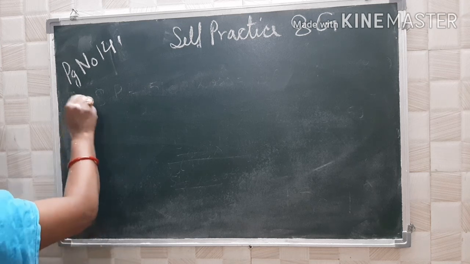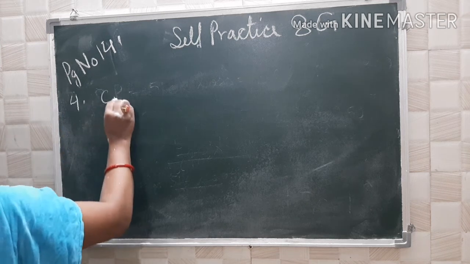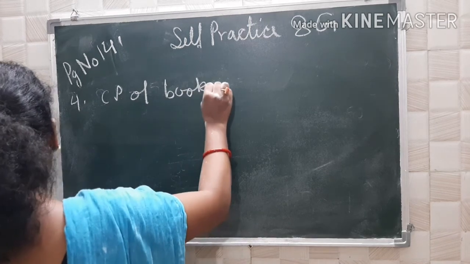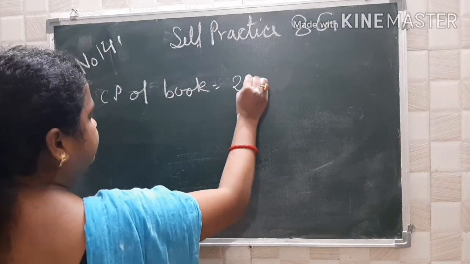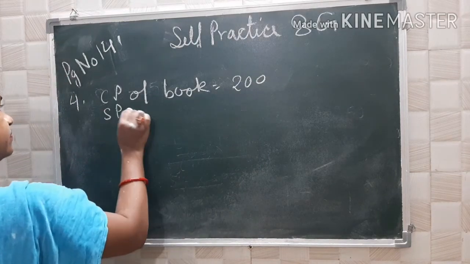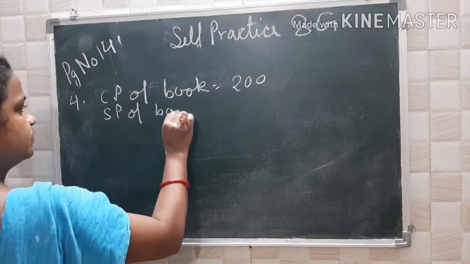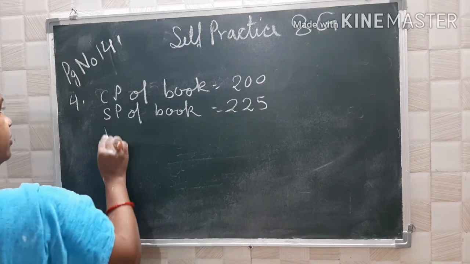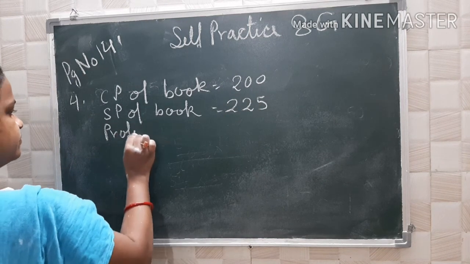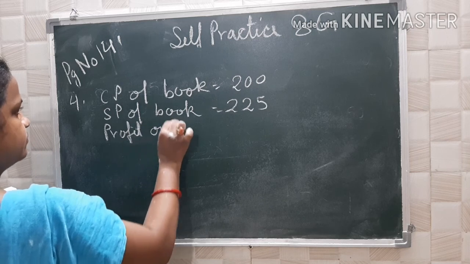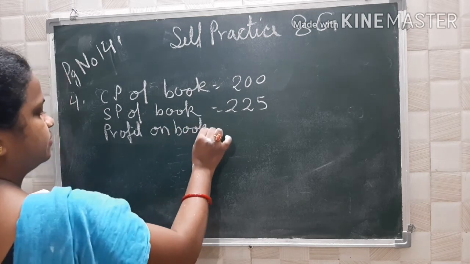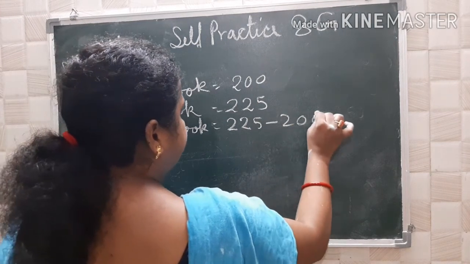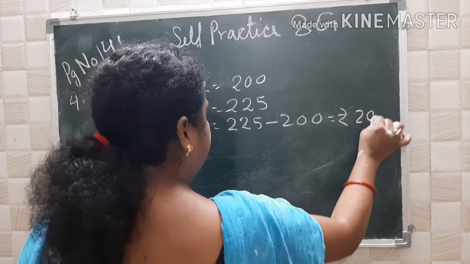The CP of the book is 200, SP of the book is 225, profit on the book is 225 minus 200, that is equal to rupees 20.